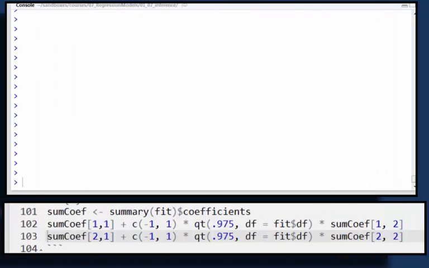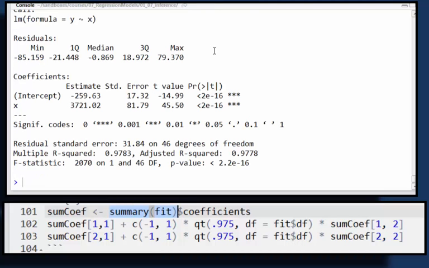Let's go through getting a confidence interval. So my fit, the variable fit, was the output of lm. Let's see what happens if I type summary(fit). You get the full output from lm. So it gives you facts about the residuals, it gives you the coefficients, the estimated coefficients, the standard errors, the t-values, and the associated p-values.